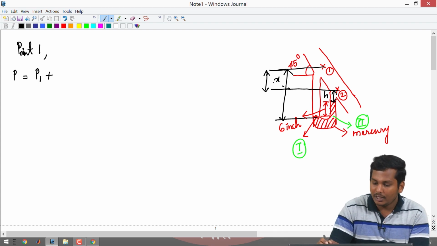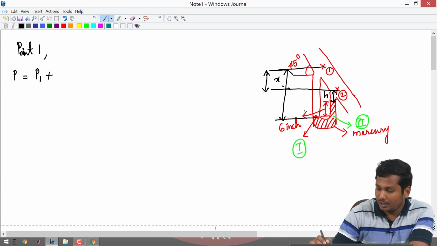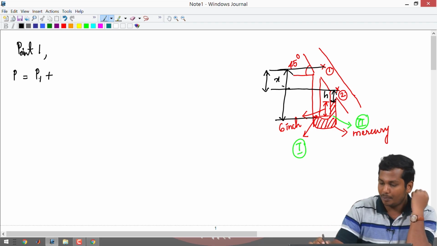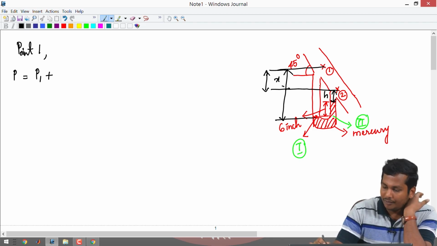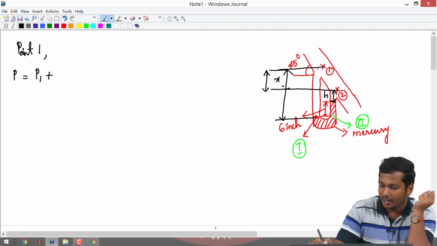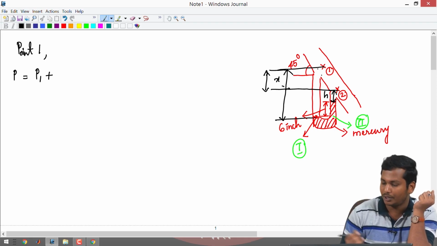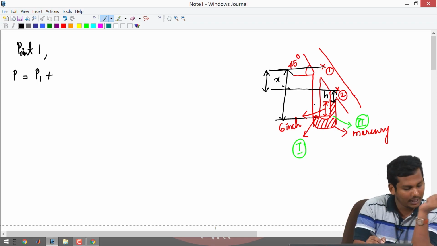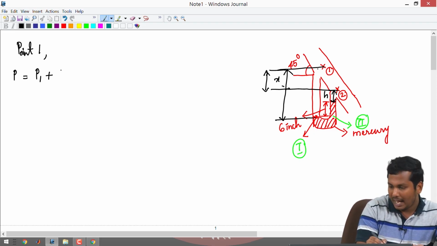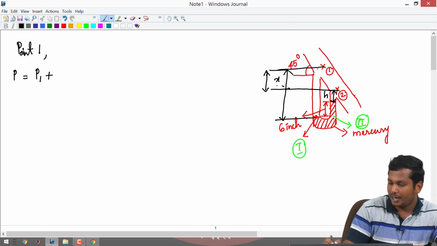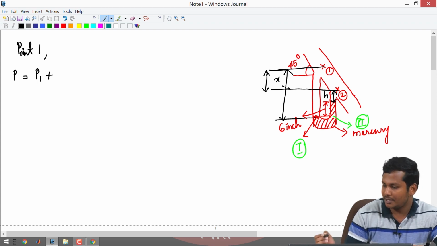So if we look at the left hand side, the fluid which is above the manometric limb will give us a pressure on the point capital 1 here. P1 is the pressure at point 1, and in this entire region we have water as the fluid. So for that we have to calculate x and we should know this distance.